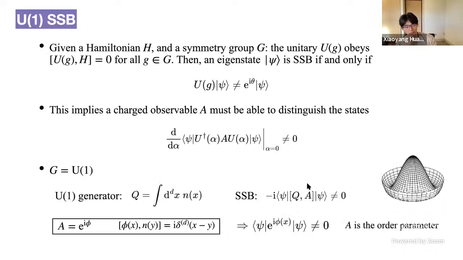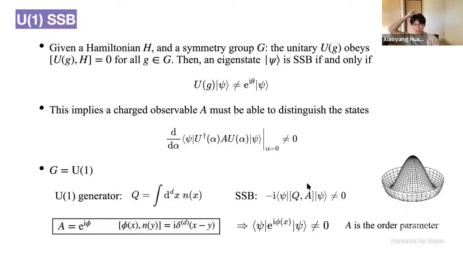A concrete example: let's take the symmetry to be U(1), and now the symmetry generator becomes the total charge of your system. The condition that a charged observable will detect this state becomes that under a small symmetry twist, your charged observable gets a non-vanishing expectation value on your state.